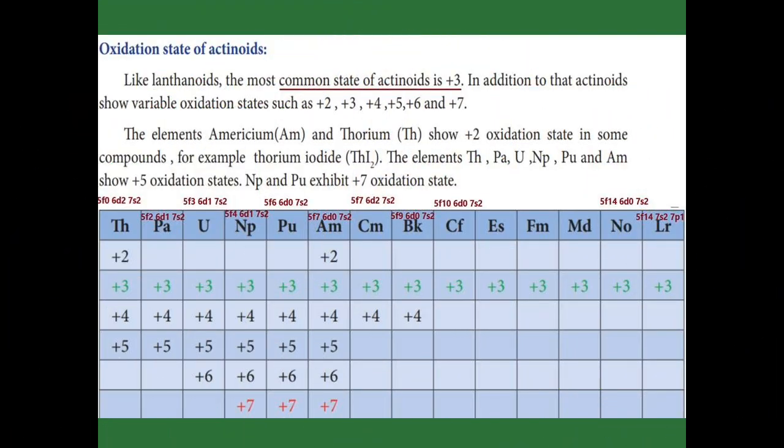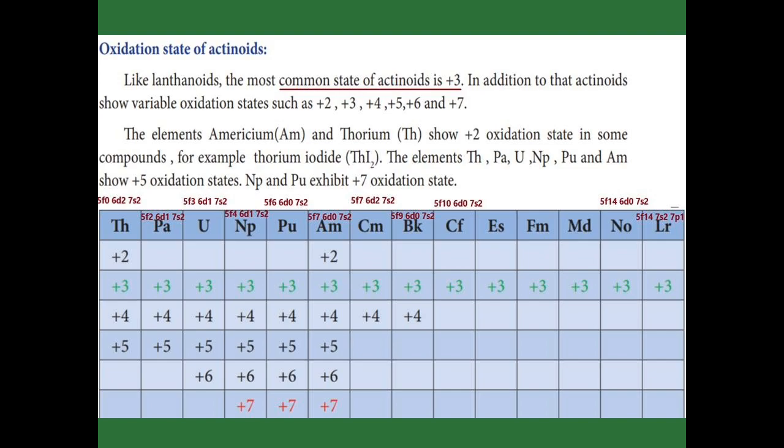Oxidation states of actinoids. Like lanthanoids, actinoids also have the common oxidation state +3. Afterward they show variation from the +2 oxidation state to +7. In thorium and americium, they have the +2 oxidation state, because the last electron, the 7s orbital, goes last, so we get the +2 oxidation number.